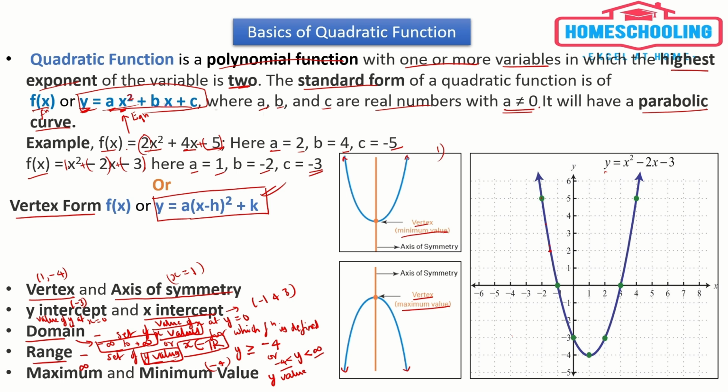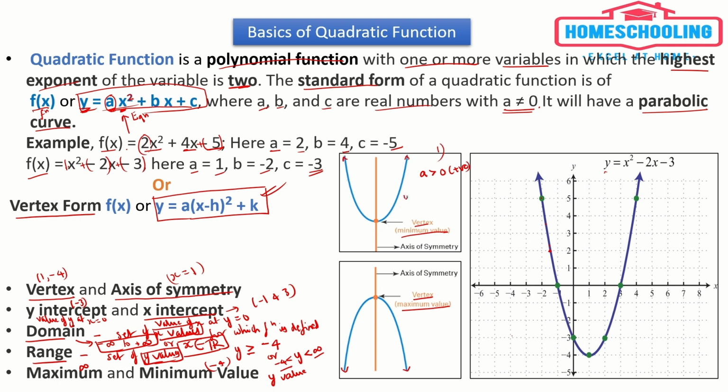As we know, our basic quadratic equation is y is equal to ax square plus bx plus c. If the a value is greater than 0, or positive, then the parabolic curve will have an opening in the upward direction.